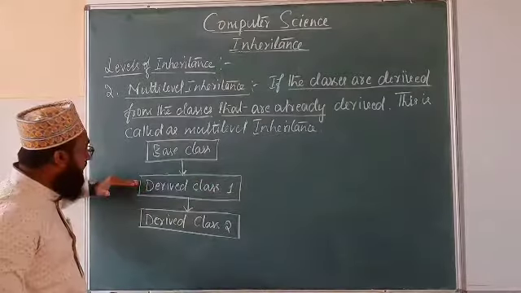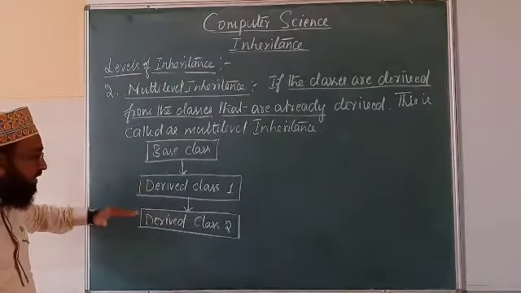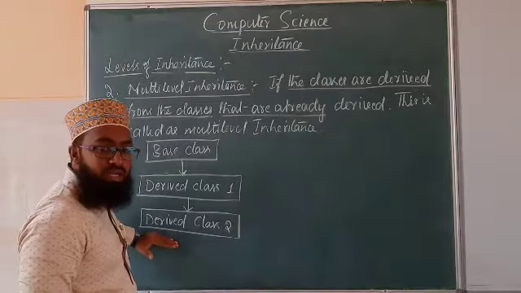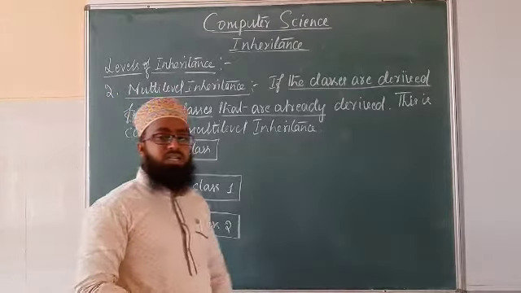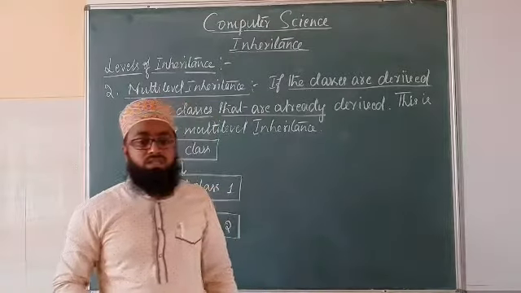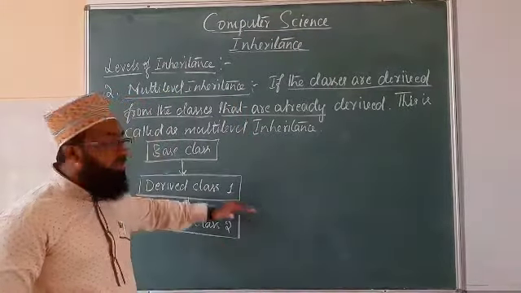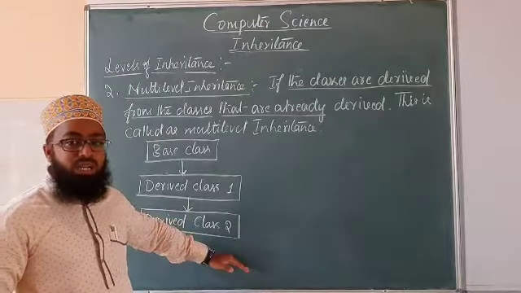From a derived class, if one more derived class is inherited, this type of inheritance is called multi-level inheritance. The condition here is that it is not only one class that can be inherited.